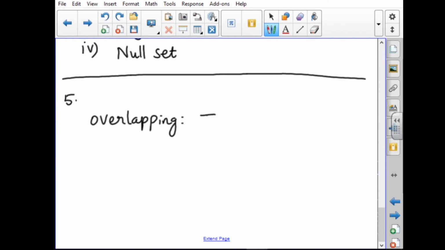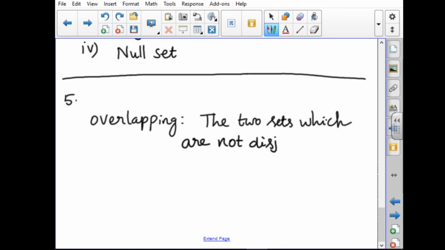Overlapping means the two sets are not disjoint. That means some common element should be there. The two sets which are not disjoint are called overlapping sets.